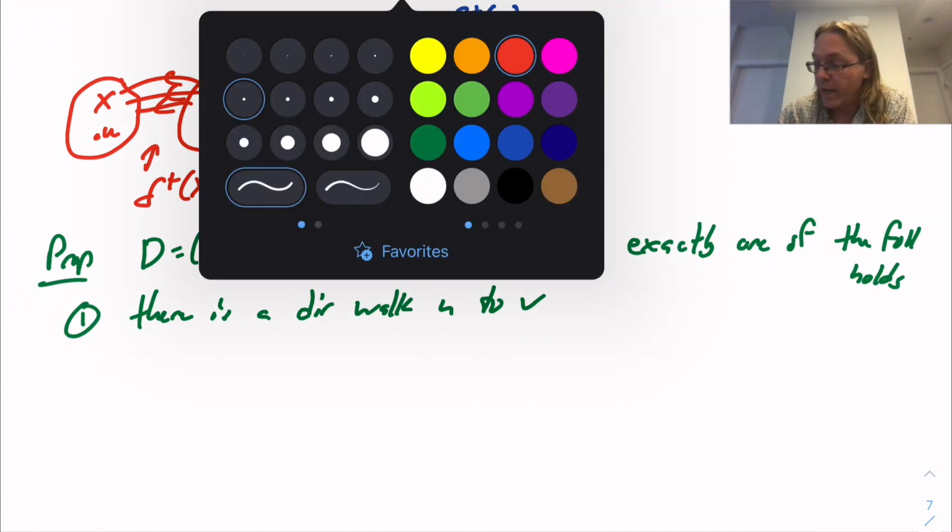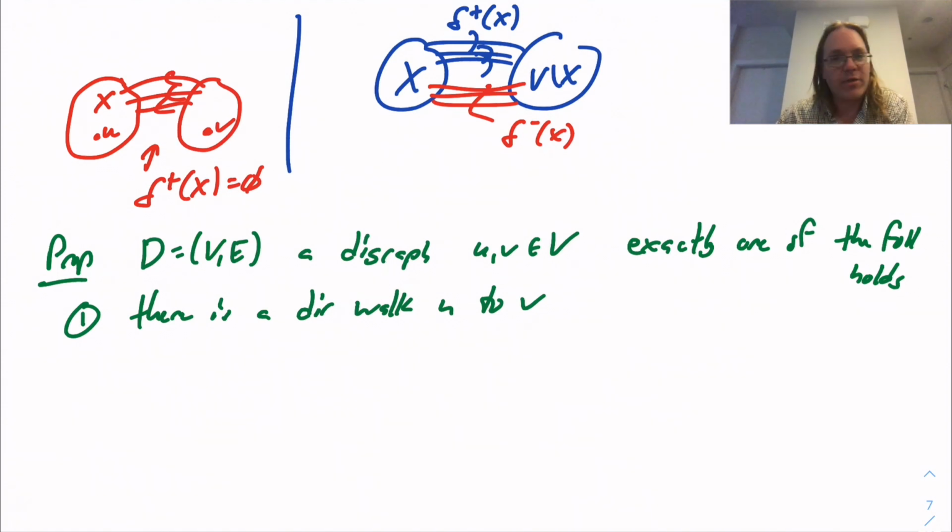In fact, what we have here is yet another one of these very nice structural theorems in graph theory, where either we get the thing that we like, a directed walk from U to V, or there's a very obvious structural thing that's preventing the presence of that object. Here, a subset of vertices containing the vertex that you're supposed to start at, but not the one you're headed to, with the property that there are just no edges directed out of that set to its complement.